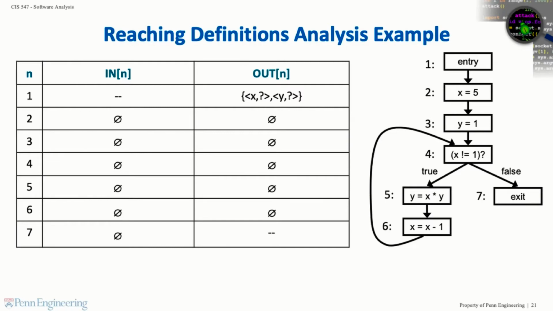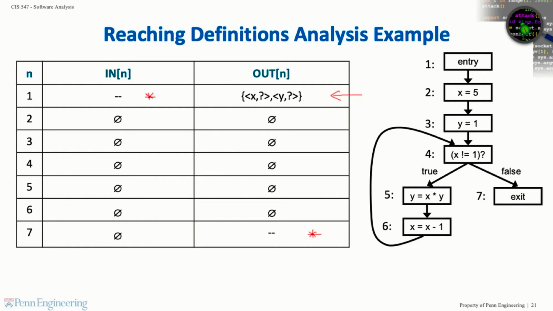The algorithm starts by initializing all these entries to the empty set, except for the out set of the entry node, which captures the fact that both variables x and y are uninitialized at this point. Also, we will ignore the in set of the entry node and the out set of the exit node, as these nodes do not contain any statement and are merely placeholders.